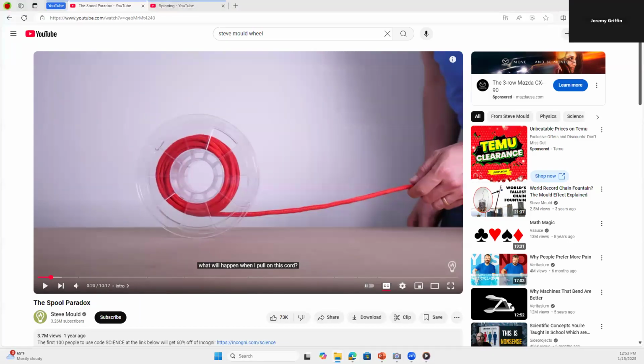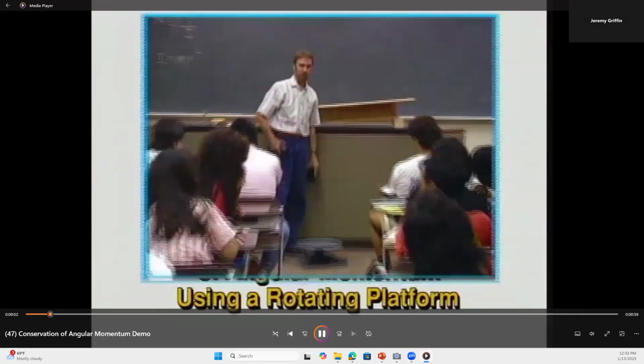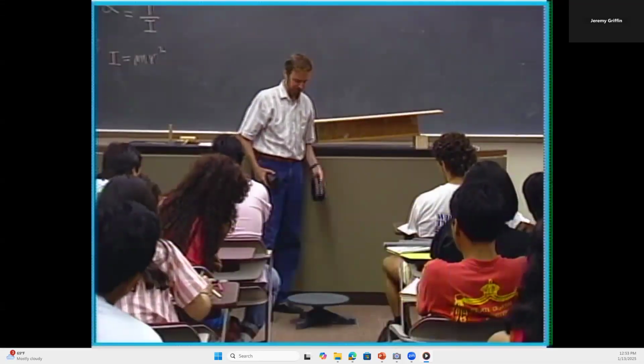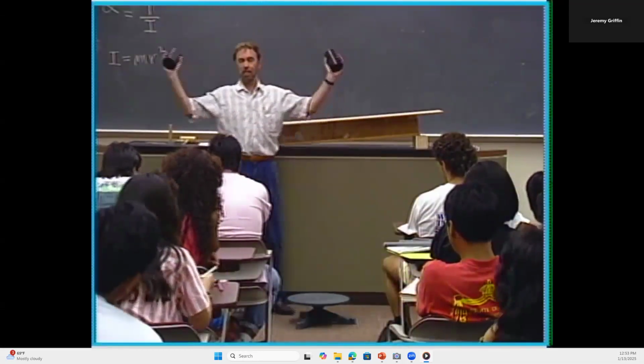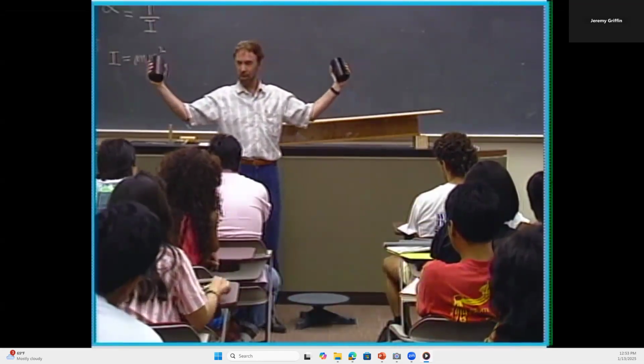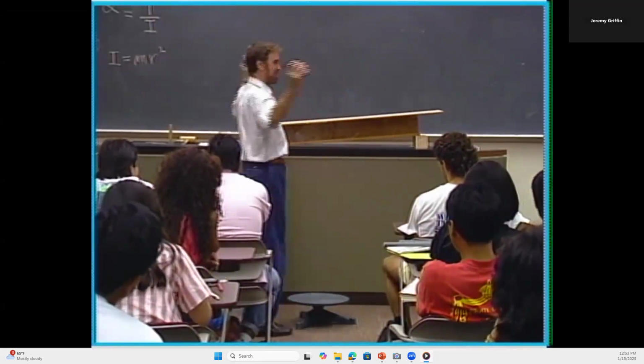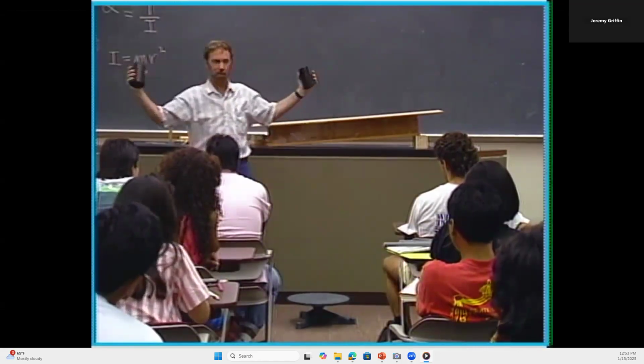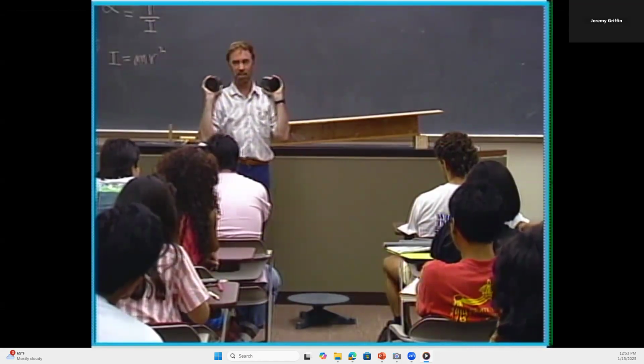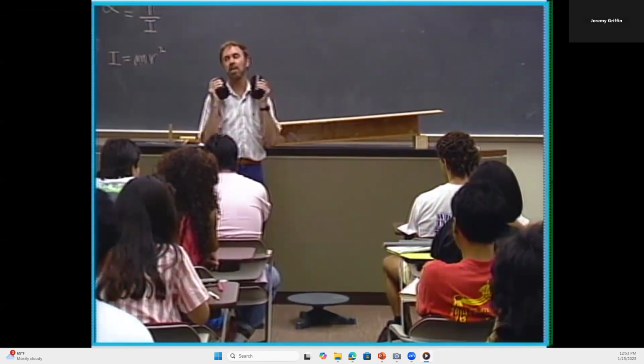All right, let's find that Paul Hewitt video on angular momentum. Here we go. Here's a classic right here. It's a very low friction rotating platform. What I'm going to do is stand on that platform and hold these weights out. When I hold these weights out like this, I'm going to spin like this. When I hold them out far, do I have a lot of rotational inertia or a little? How about when I pull them in?